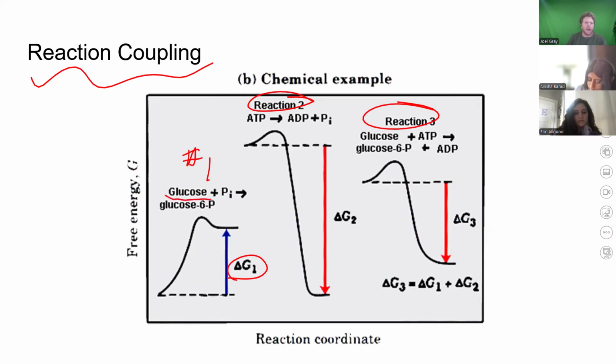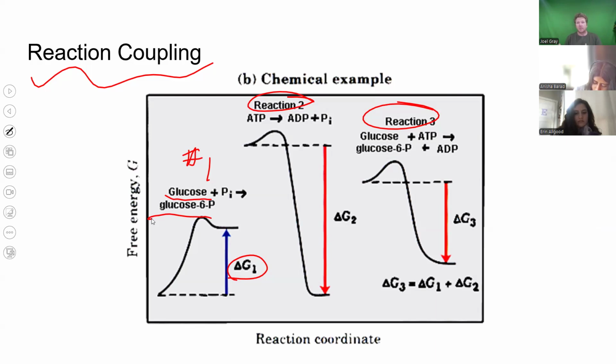And could anyone add to the chat what PI stands for? Inorganic phosphate. Perfect. Or phosphate's fine, just as well. So reaction number 1 shows the 6-carbon sugar glucose adding 1 phosphate to make glucose 6-phosphate.